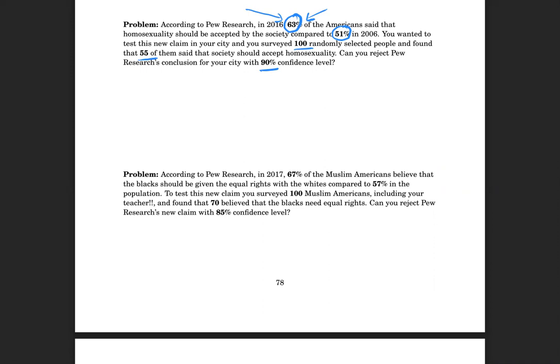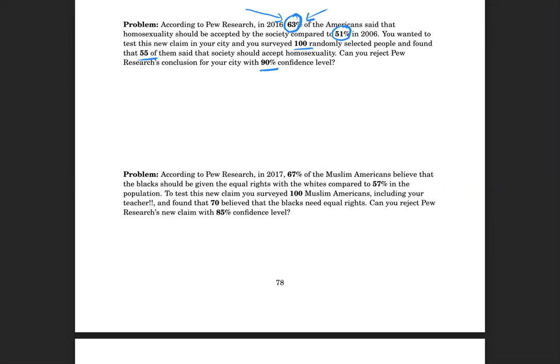On the other hand, if this 63% or 0.63 is not in the confidence interval, then you will say our city probably does not conform with that number. So our city differs from national data.